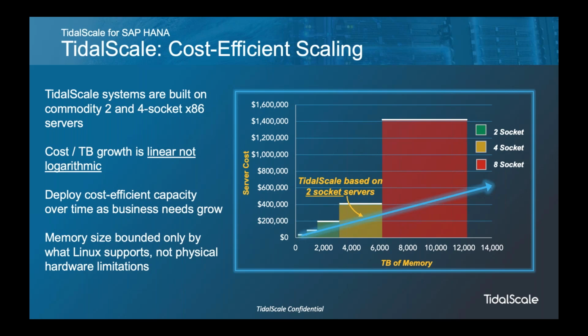Whereas on a software-defined server, you can keep that linear growth. And therefore, it actually is more efficient to grow larger systems. Whereas before, we didn't want to consolidate. Before, we wanted to have as many small systems as possible. We can now get economies of scale by keeping the cost per terabyte growth as a linear function.